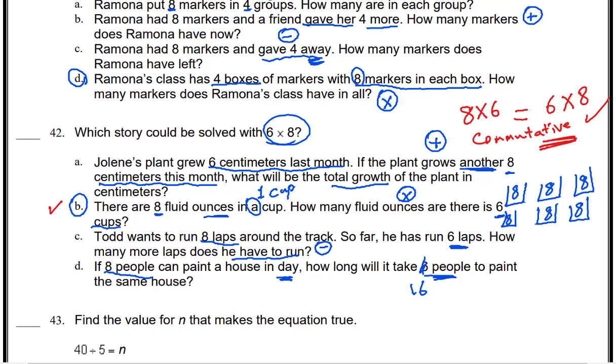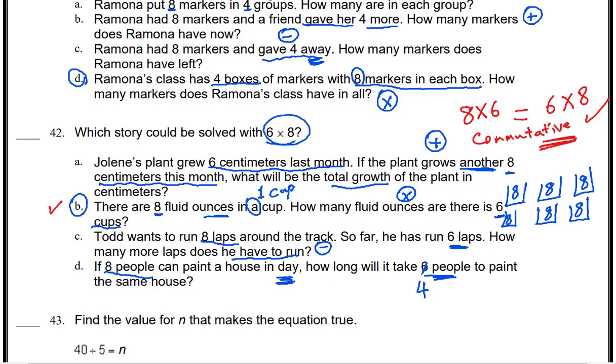Okay. Let's do it in a different way. Let's make this 4. If 4 people are working, so in this case they need not 1 day, they need 2 days, right? Yes.